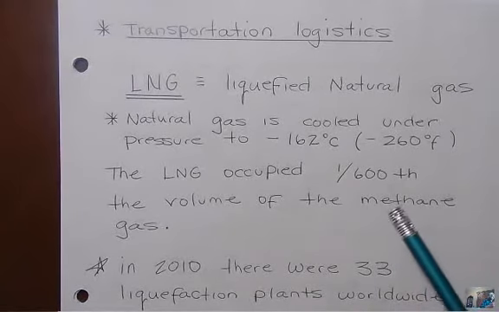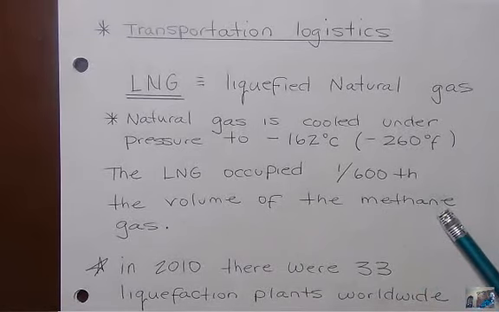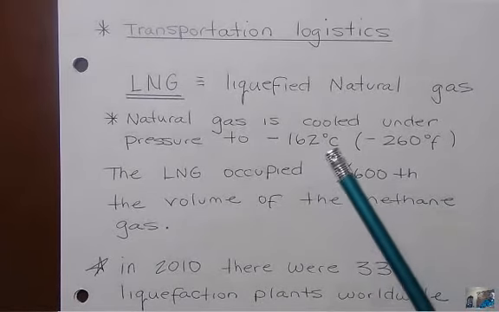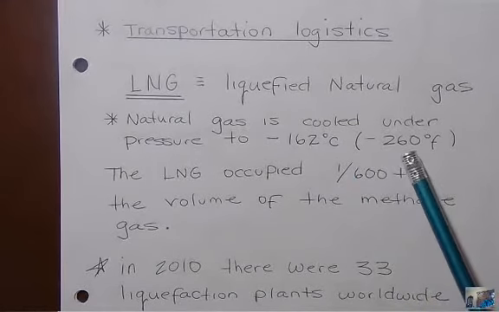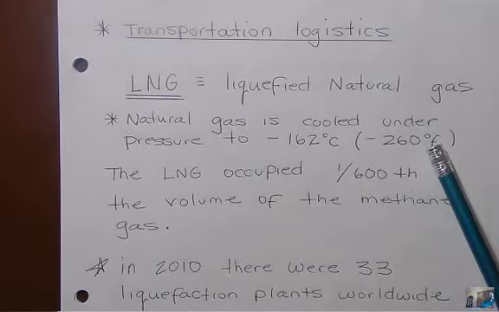Okay, and then once that natural gas gets to the coast, you have a liquefied natural gas plant that basically cools down and pressurizes the gas to minus 162 degrees Celsius, which is minus 260 Fahrenheit. So incredibly cold.